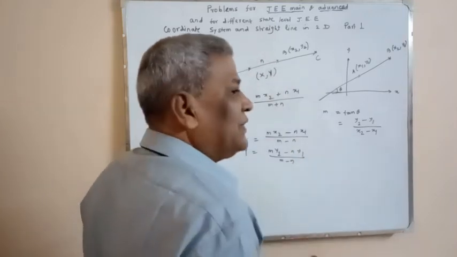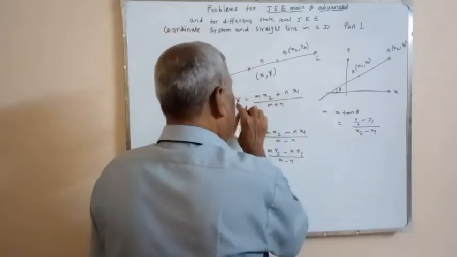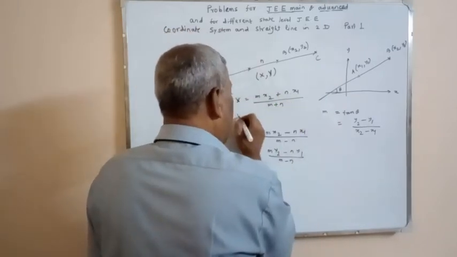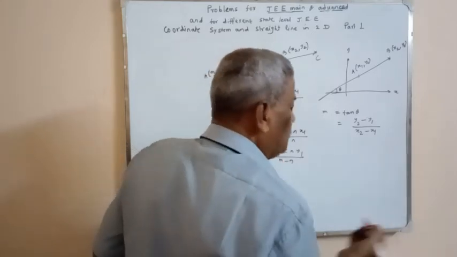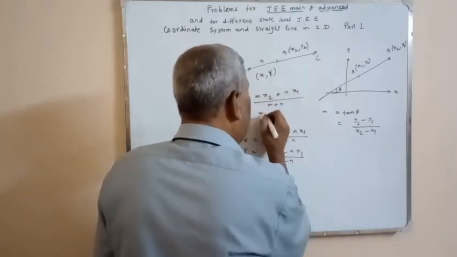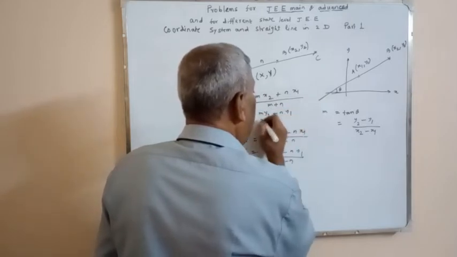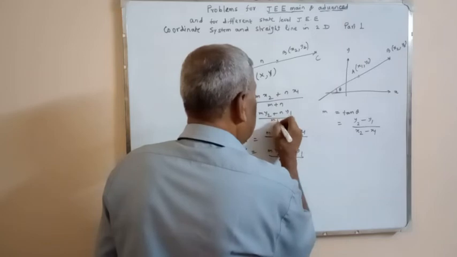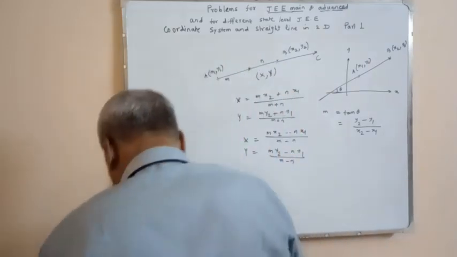For the case of internal division, the x coordinate is this, and the y coordinate is the same as that. Instead of x, we have to put y. That is my2 plus ny1 by m plus n.